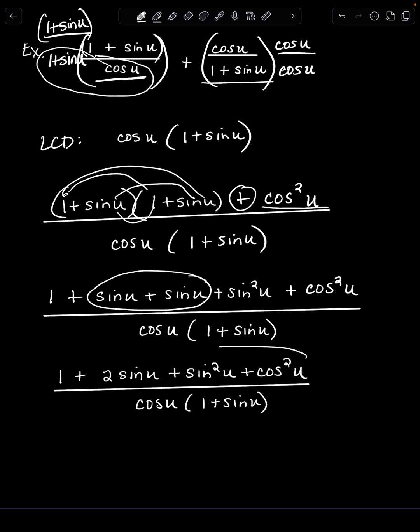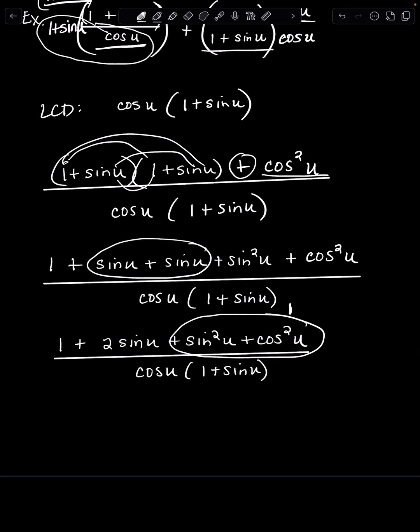I see my favorite, sine squared plus cosine squared. We know that is 1. So let's substitute in that. We've got 1 plus 1. So we've got 2 plus 2 times the sine of u, all over the cosine of u times 1 plus the sine of u.